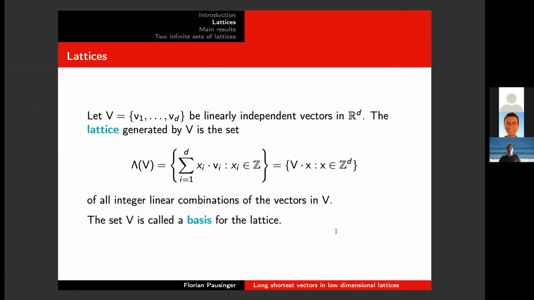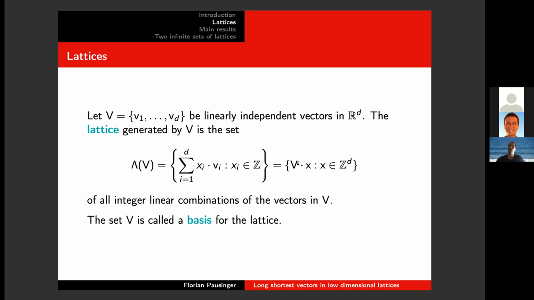Okay, so as you can imagine from the title of my talk, lattices play a very important role in finding out how to get sets with very long shortest vectors. And I'm sure everybody knows, if we start with d linearly independent vectors in R^d, then we can use them to generate a lattice.